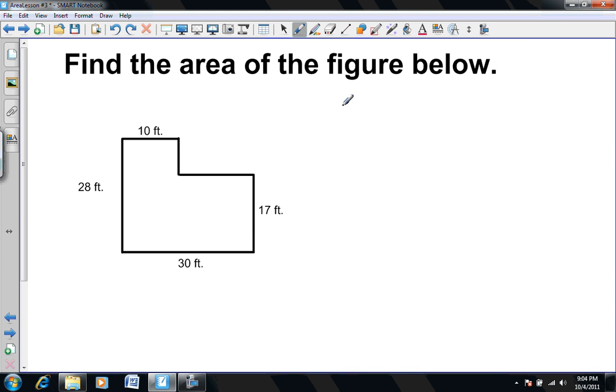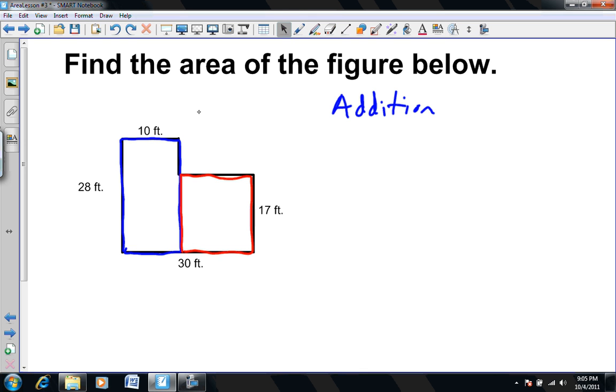One way is by using addition. If I look at this particular shape, I can draw a rectangle right here, and I can draw another rectangle right here.